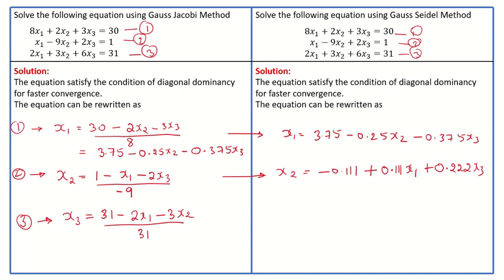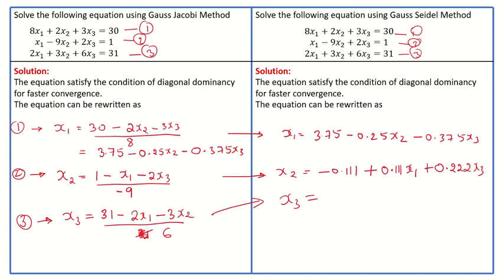And x3 equals 31 by, sorry, I made a mistake. This is not 31, it is 6, because it is 31 minus 2x1 minus 3x2 divided by 6.